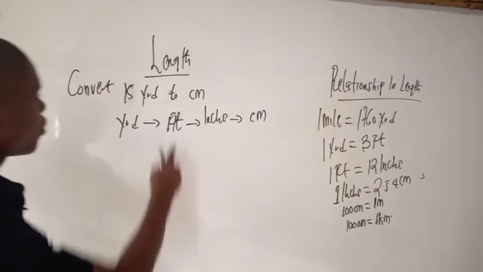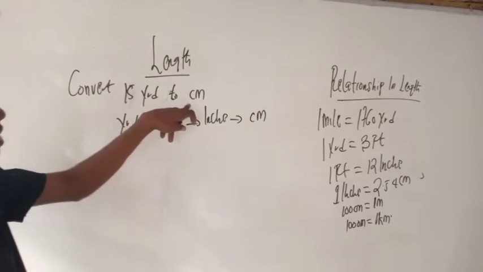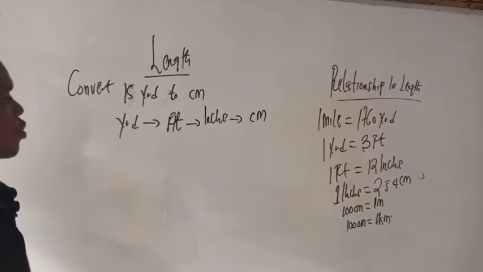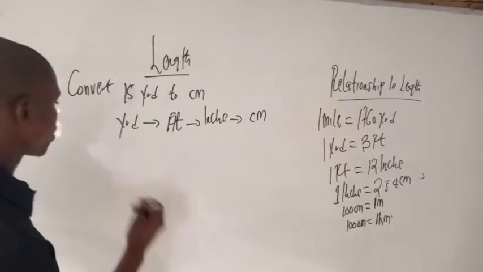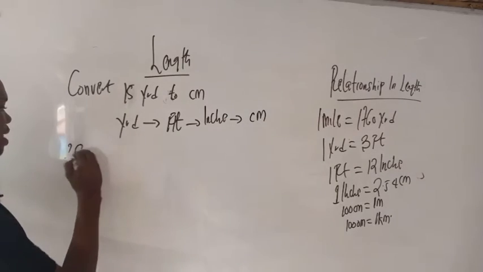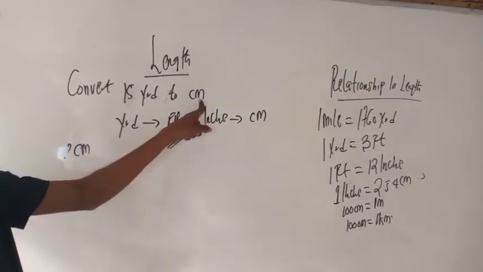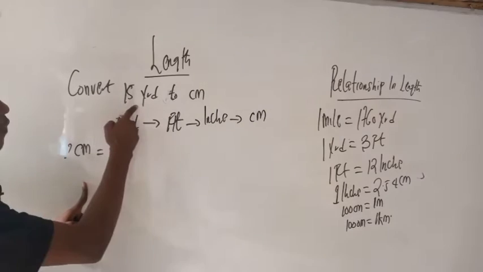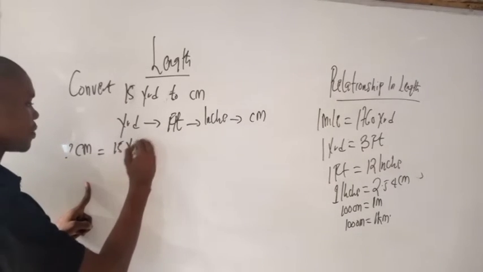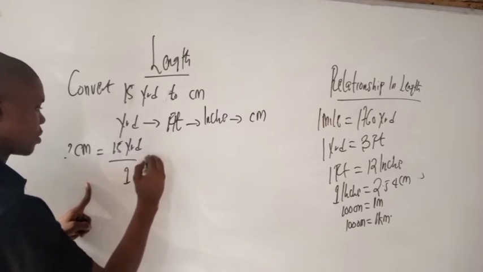You are going to write a mathematical statement to solve it. So centimeter, because we are converting to centimeter, equals 15 yards over 1 times.